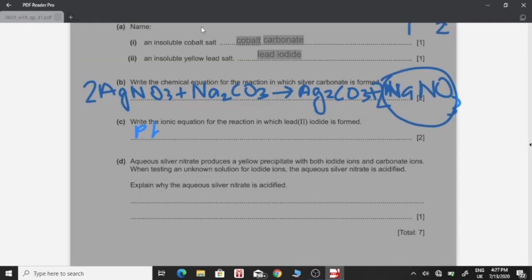So we have the ions as lead and the iodide ion, but we have two iodide ions because each iodide ion only has -1 charge. So we need two iodide ions to cancel this 2 plus charge of a single lead ion. So this gives us the compound lead iodide.